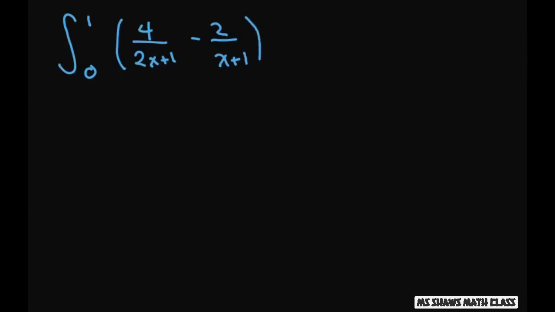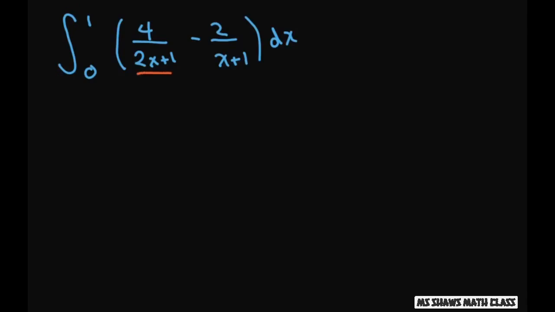So let's finish this off, and we're going to have the integral over the interval 0 to 1 of 4 divided by 2x plus 1 minus 2 divided by x plus 1 dx.